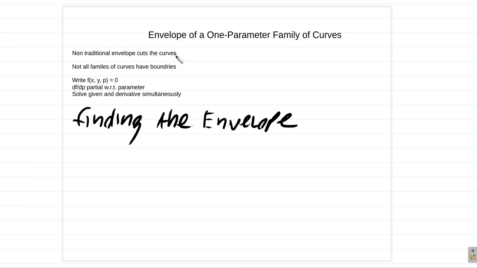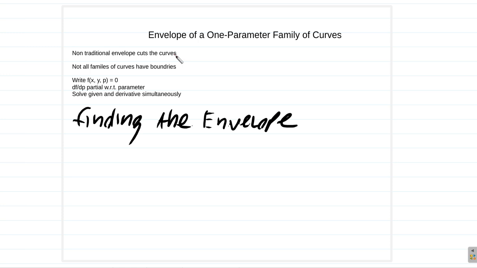What you will be observing is not an envelope in the strict sense, but rather a critical locus related to the discriminant of the family of curves. For example, in a quadratic curve, you have the discriminant, which is b squared minus 4ac. That tells the various types of quadratic curves.